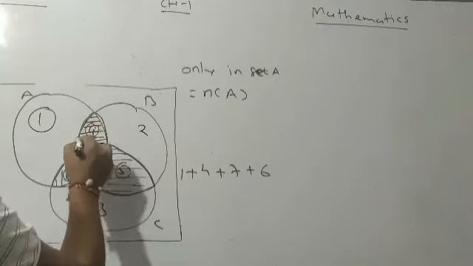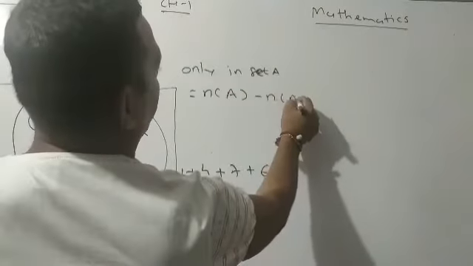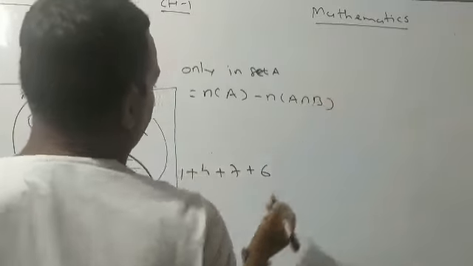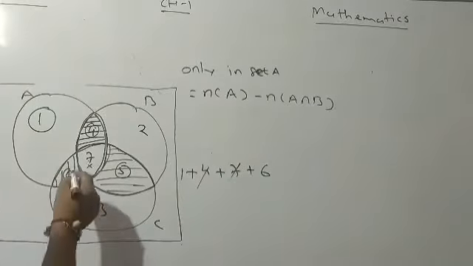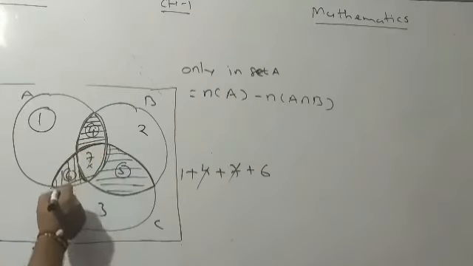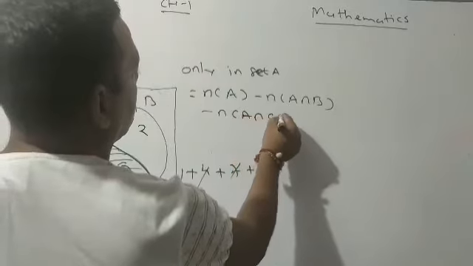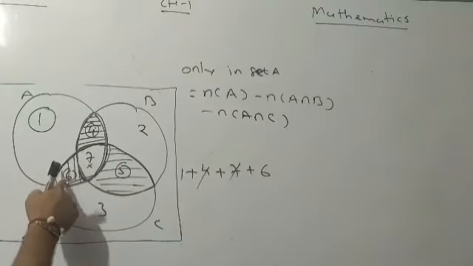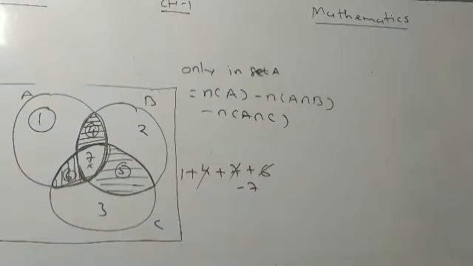Now we'll remove A intersection B, minus n of A intersection B. It means 4 and 7 are removed. Now we'll remove A intersection C, minus n of A intersection C. Means 7 and 6 are removed. 6 is removed, and 7 is removed extra.